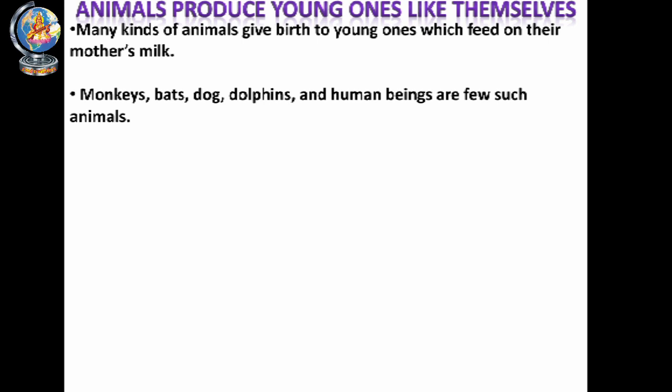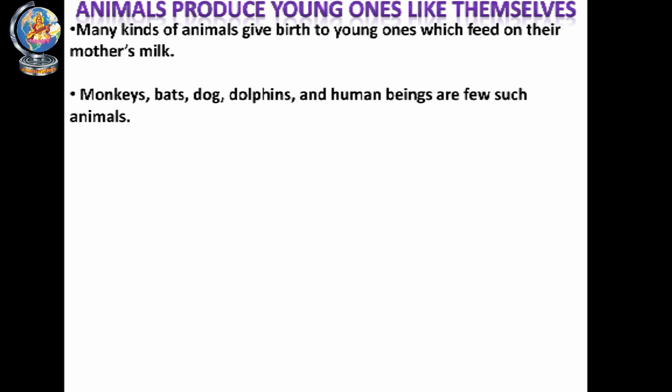Animals produce young ones like themselves, and many kinds of animals give birth to young ones which feed on their mother's milk, right? Look, one by one we are learning how different types of animals produce young ones. Here we are talking about mammals, that they give birth to young ones and feed on their mother's milk.